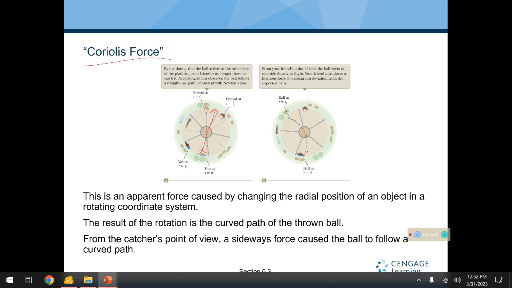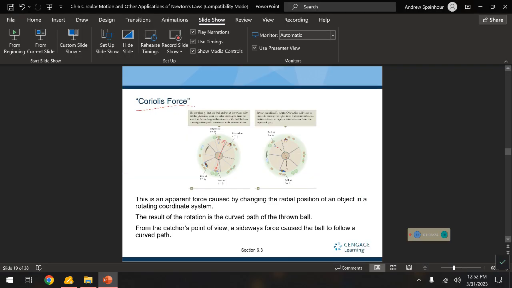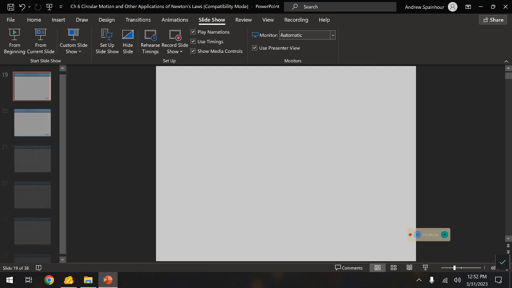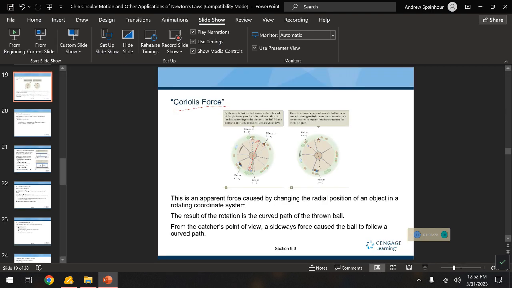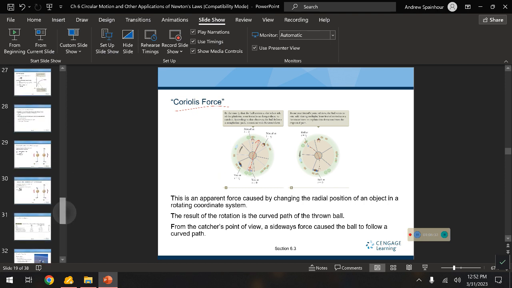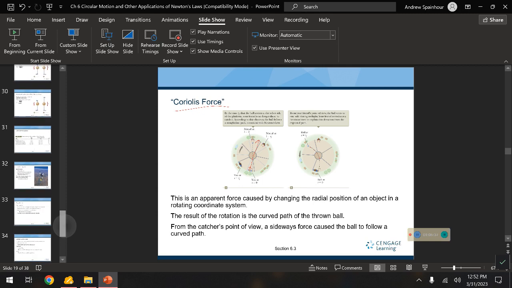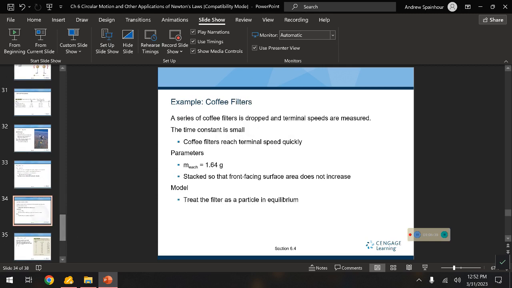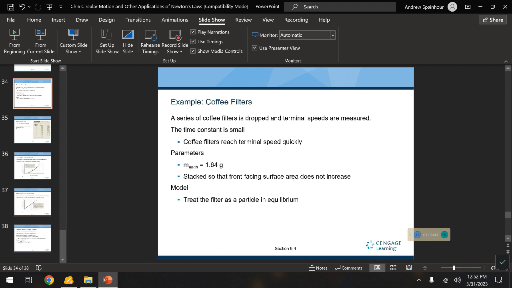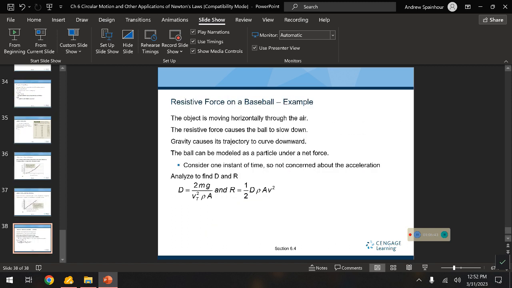So if you shoot south, no, it drifts east.